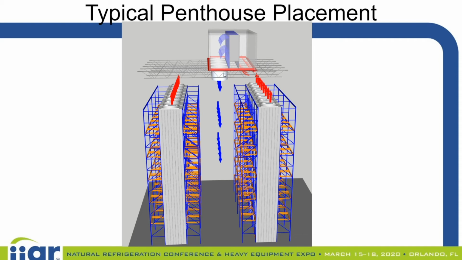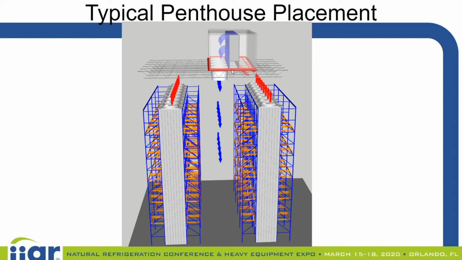So with the vertical down arrangement, one thing we really want to do is maximize the performance of the penthouse evaporator. We're going to want to plan to get the penthouse located properly.